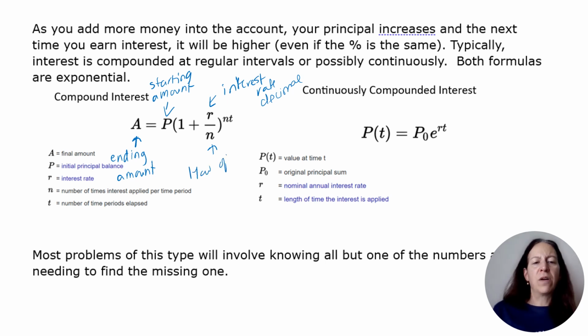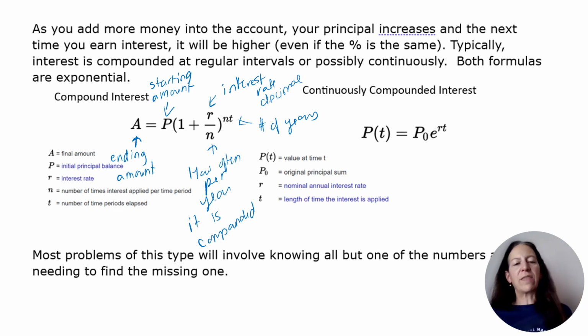It's how often, we'll say per year for the sake of simplicity, it is compounded. And T is the number of years. And now, if you look at that, it does say it's how many times it's compounded per time period, and it doesn't say it's necessarily a year, but for simplicity, we'll say it's a year, but somebody could throw something at you where it's different.